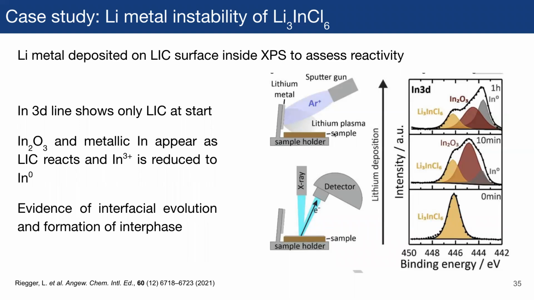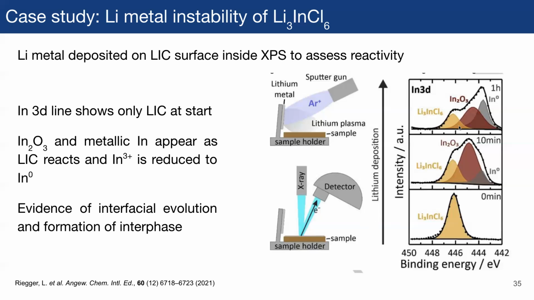After some time, where basically a sputtering gun is used to shoot ionized argon onto the surface of a piece of lithium metal that is then deposited onto the surface of the sample, what they see is changes in the indium 3d lines, where they start to see the appearance of indium oxide and the appearance of just pure metallic indium, which corresponds to indium 3+ being reduced to indium 0.